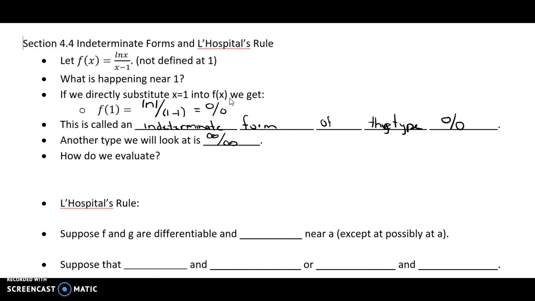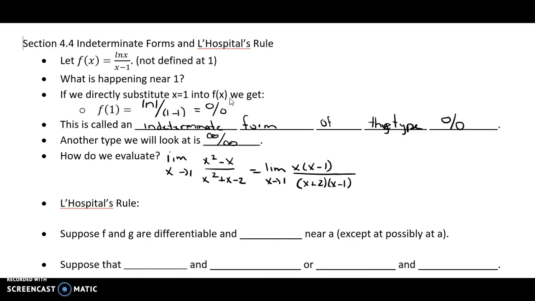Before, when we were trying to evaluate limits, we had something like the limit as x approaches 1 of x squared minus x over x squared plus x minus 2. What we would do is factor the numerator and denominator: take out an x, leaving x minus 1, and factor the denominator, x plus 2, x minus 1.